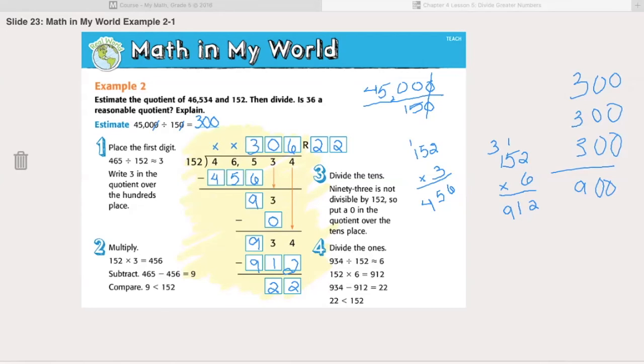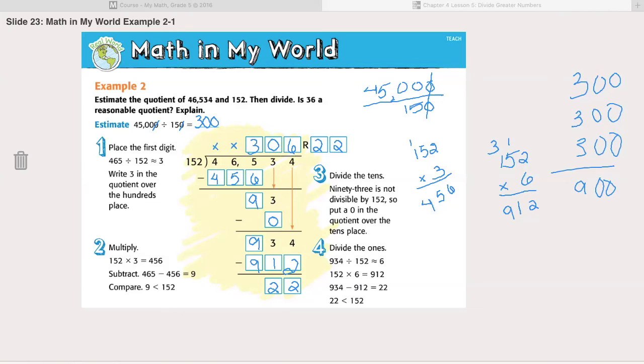In order to solve that, I did a little bit of rounding to help me out, treating it not like 152, but by a close number of 150. You don't have to do it that way. The key is just to work it out on the side and see when you multiply it out what you get.